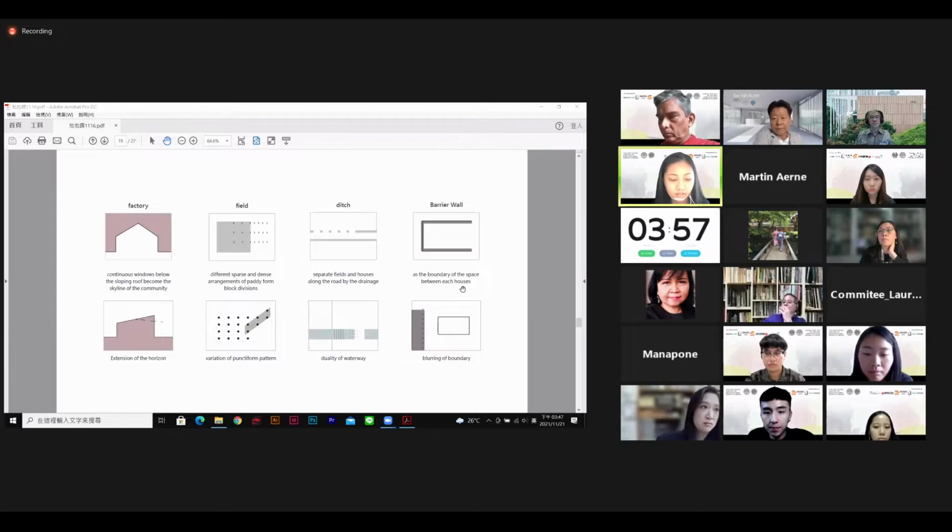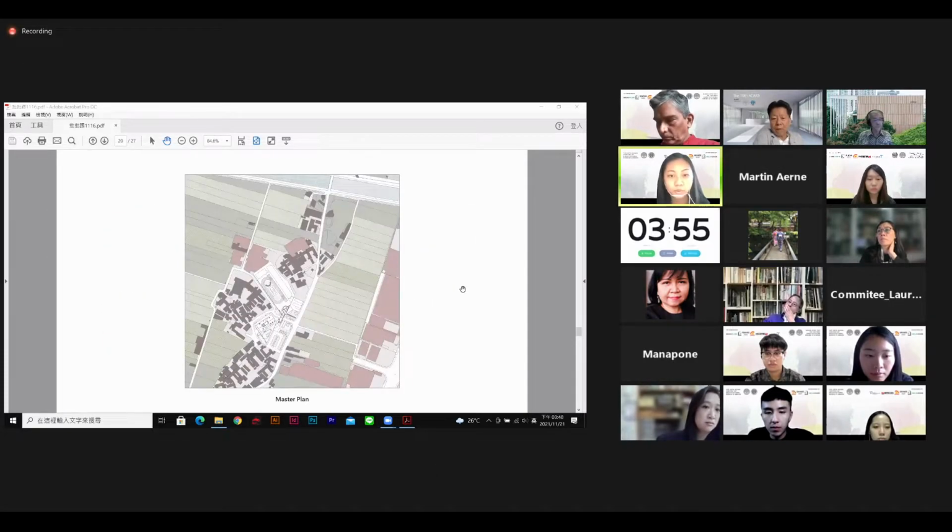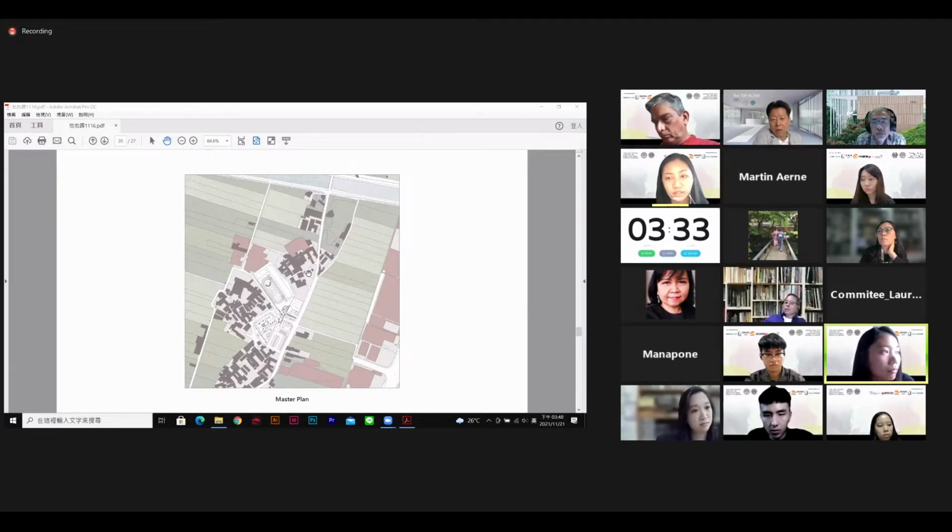And the barrier wall defines the relationship between houses, the traditional houses in the site. Just like the red part and the blue go along the white road and into the blocks, and the smallest is the houses, and it was defined like this.